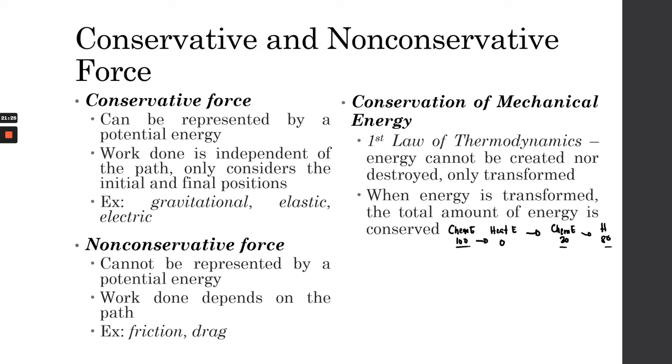If we use chemical energy and transform it to heat energy, the amount of energy transformed into heat energy, when you add them in the end, should still be equal. I'm not sure if I'm explaining this properly, but rest assured, if you transform it, the energy is conserved. It doesn't suddenly just disappear, no?